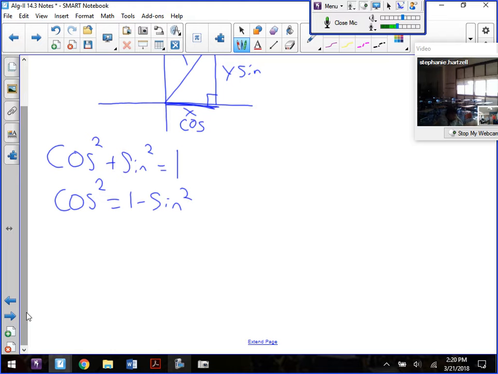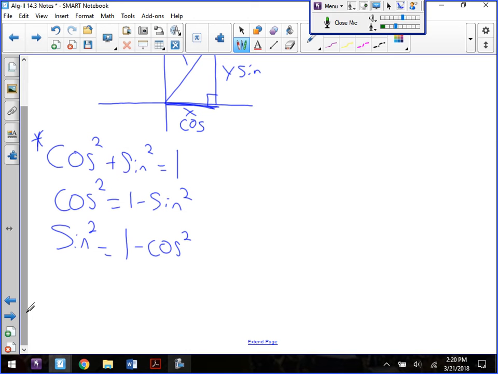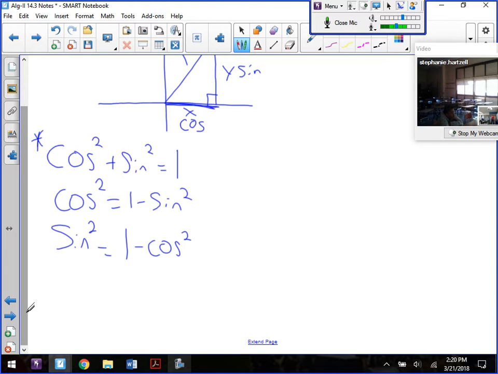Same idea, if I want to get sine squared by itself, it would just be 1 minus cosine squared. But in all honesty, the only one you have to know is cosine squared plus sine squared is 1, because you can manipulate the equation after that. You okay with that? The other two are a little bit weirder.